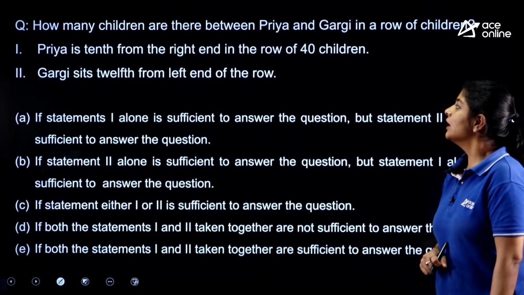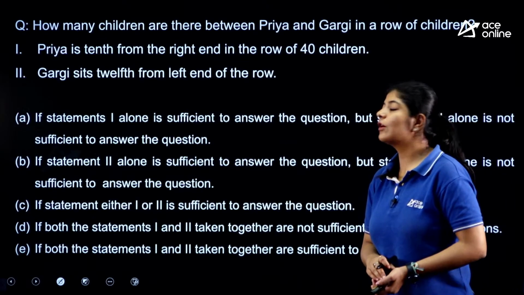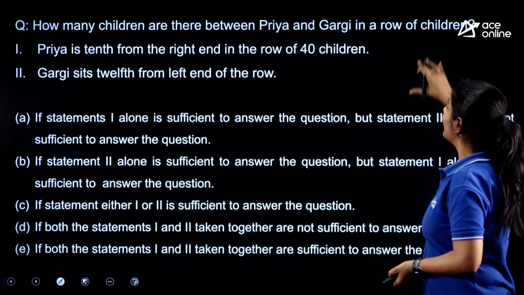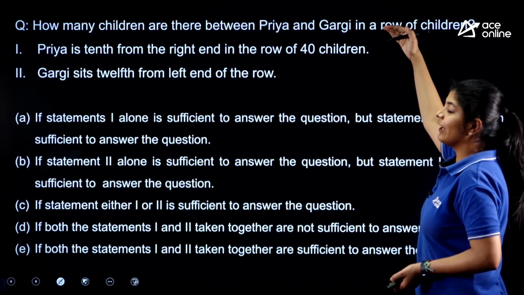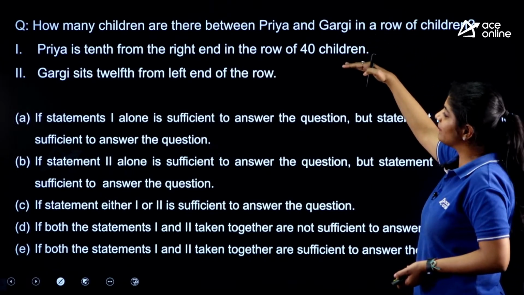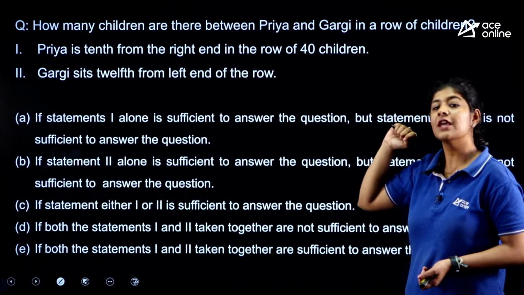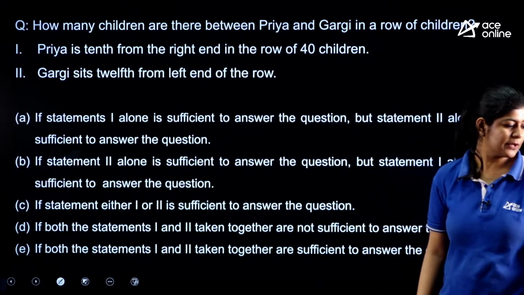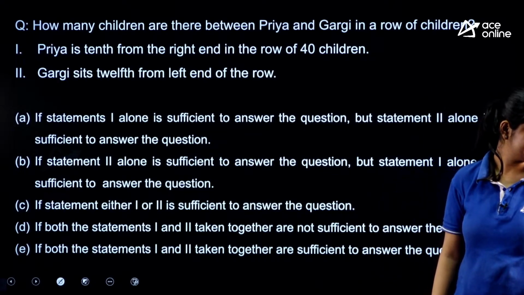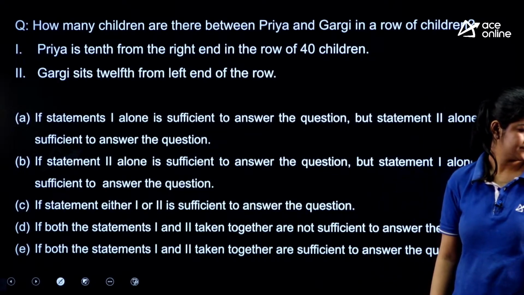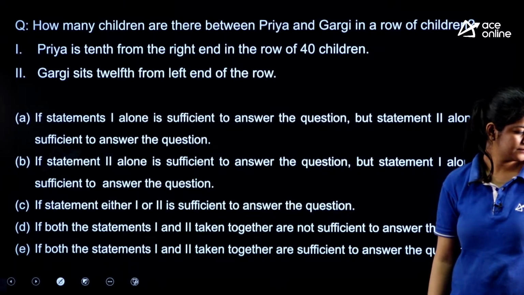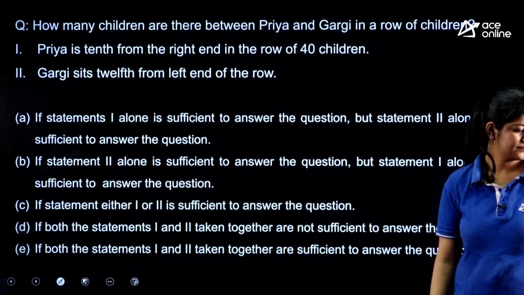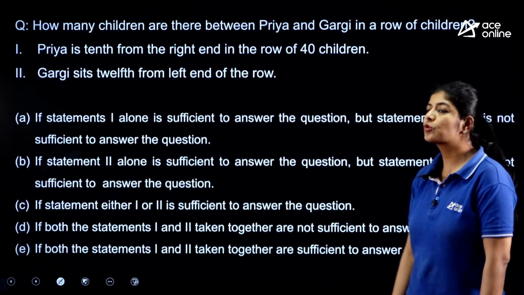Next. The next question is from the concept of data sufficiency. What you have to do is simply check whether these two statements are sufficient to answer the question or not. So please let me know what answer you are getting. It's quite simple.